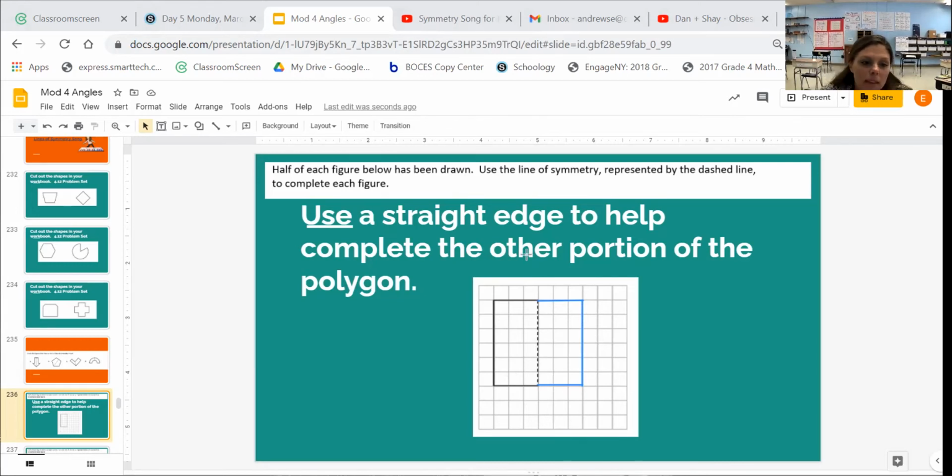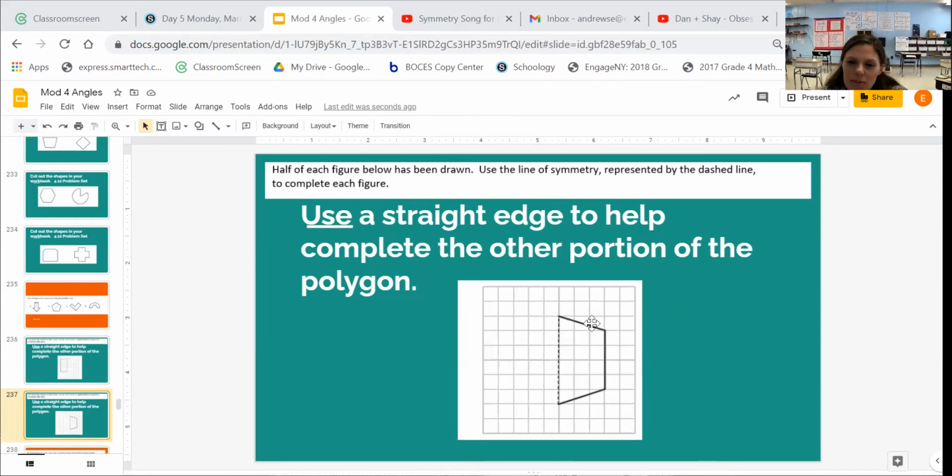Okay. I want you to try one. So in your workbook, I did the rectangle. Now I want you to try this one. So remember to use a straight edge. I don't want to see lines like this. I want to see nice straight lines, okay? Make sure you're using a straight edge and then check back with me.